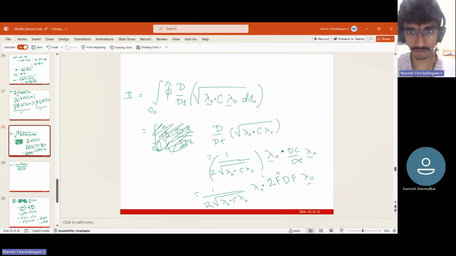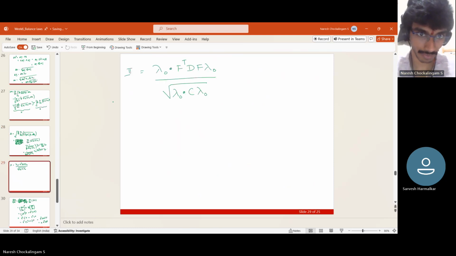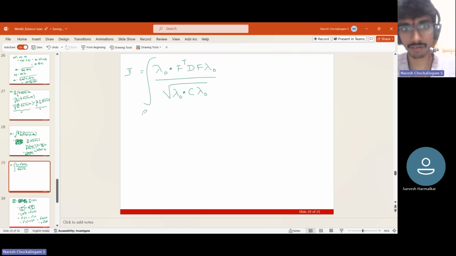And you have a ds naught outside, right? You have a ds naught and this one here. So you have the integral over c naught of this entire thing multiplied by phi cap, and you have a ds naught.